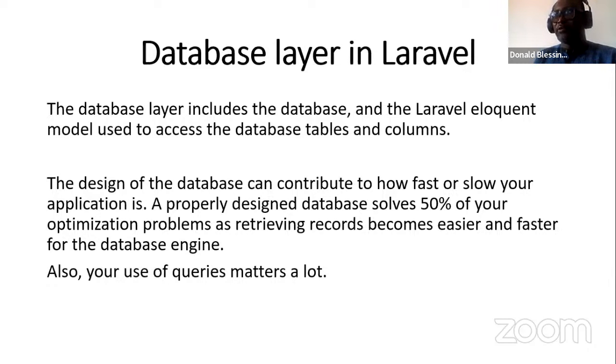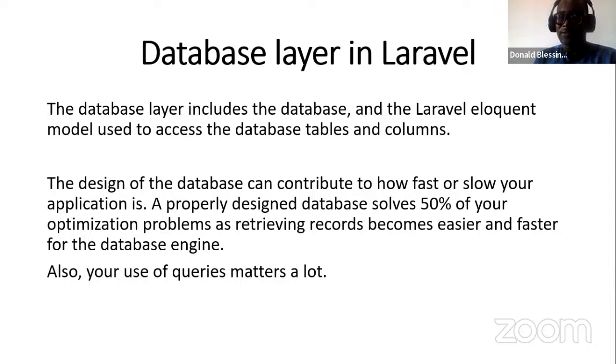So for the database layer, we talk about the database. In the case of Laravel, we use Eloquent models to access the database tables and columns. The design of a database can contribute to how fast or slow your application is. In fact, in some quarters, a properly designed database solves 60% of the optimization problems, as retrieving records becomes easier and faster.